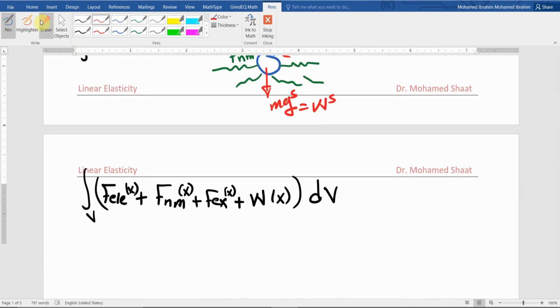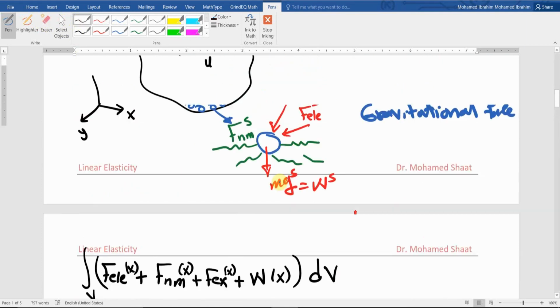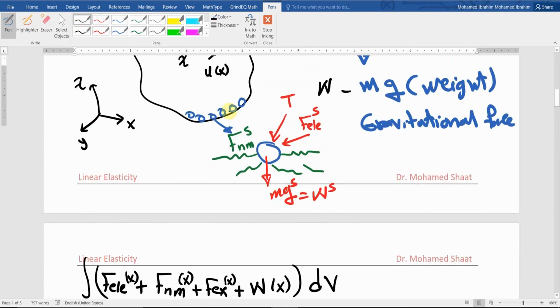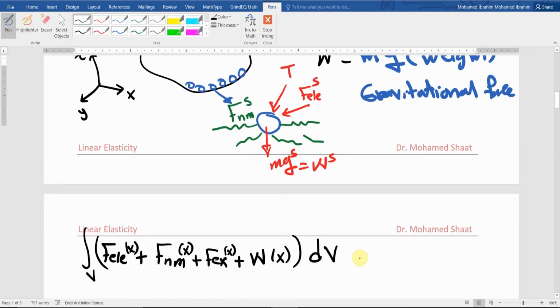So if I ask you to collect all of the forces over one particle on the surface, you just sum all of these forces. This gives us the Fnm surface, plus the T, which is the external force, plus the F electric surface, plus the weight surface.